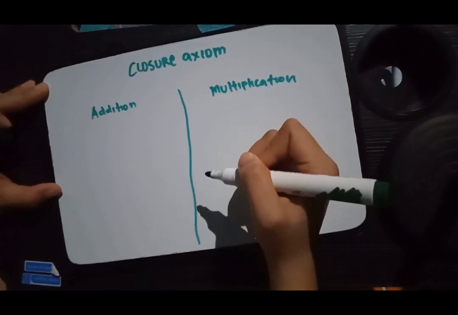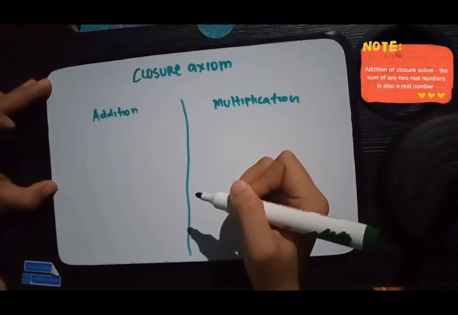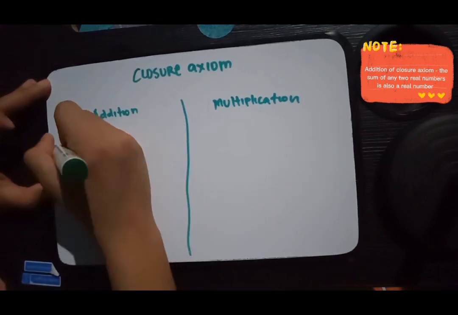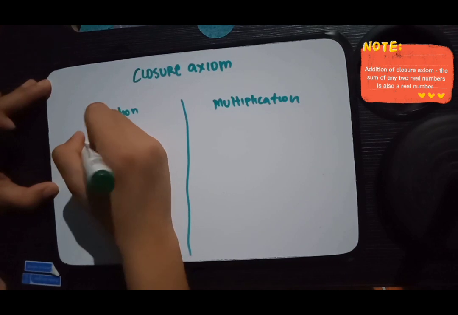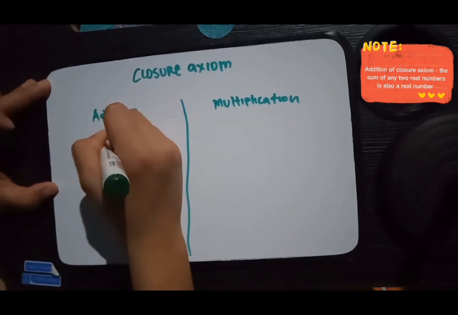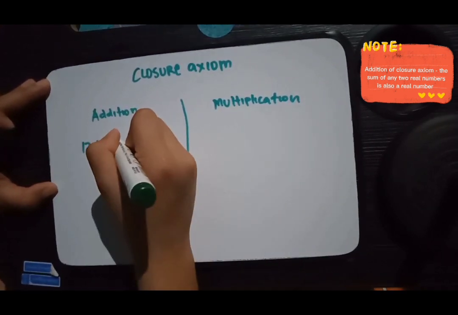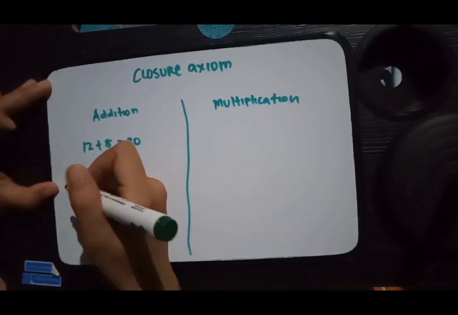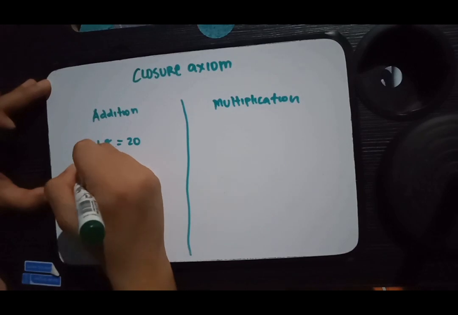In addition of the closure axiom, the sum of any two real numbers is also a real number. For example, 12 plus 8 is equal to 20. We all know that 20 is a real number.